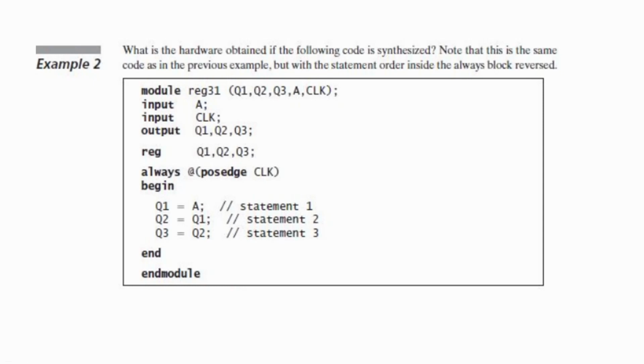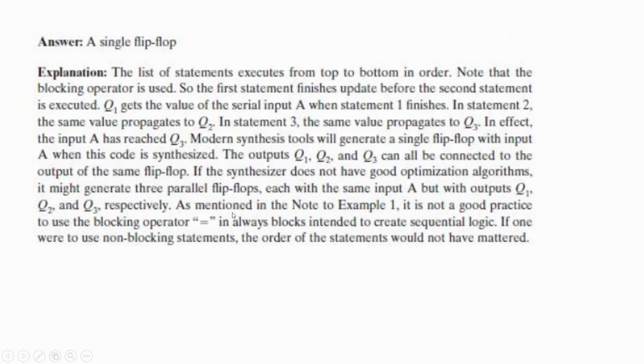Modern synthesizers will give you a single flip flop as output. But if the synthesizer does not have good optimized algorithms, it will most probably generate three parallel flip flops at the same time, each with the same input A but with outputs Q1, Q2, Q3 respectively.